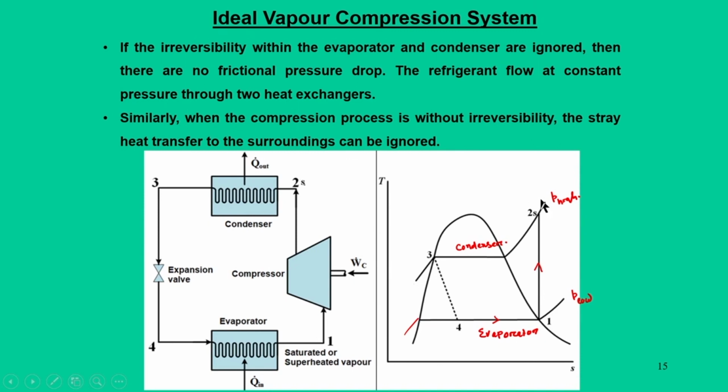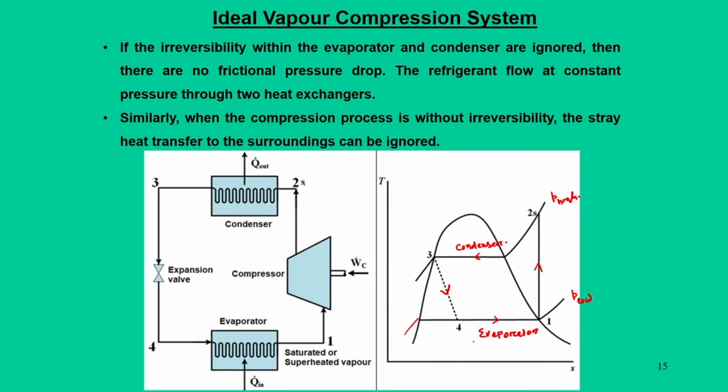So, 1 to 2s is the isentropic compression, from 2s to 3 heat is rejected from the refrigerant in the condenser, and finally from 3 to 4 it is a throttling process. One important thing here is that the line 3 to 4 is given as a dotted line, because the throttling process is always irreversible, whereas the other processes can be considered reversible, except this throttling.